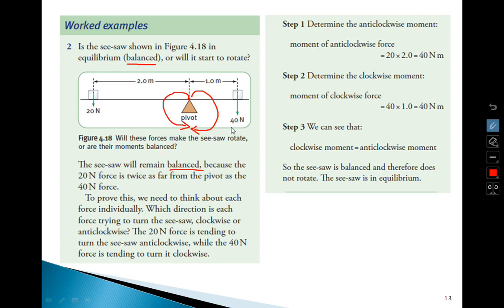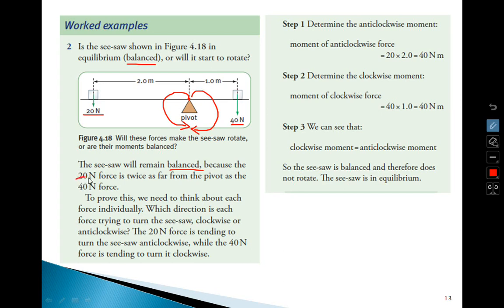We can say without any calculation that this force here is 20 Newton and this force here is 40 Newton, but the distance from the pivot to this one is 1 meter and the distance of this one is 2 meter. So it will be balanced.